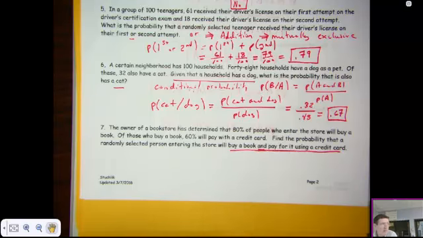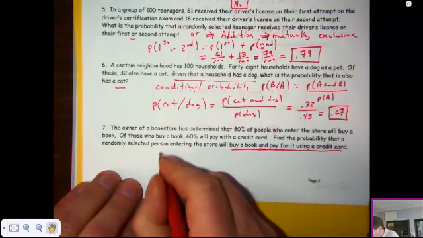Are those dependent or independent? Those are independent, and it's always a little confusing. You have to rethink that. Buying a book doesn't impact the percent of those who enter the store that pay with a credit card. So they're independent events.